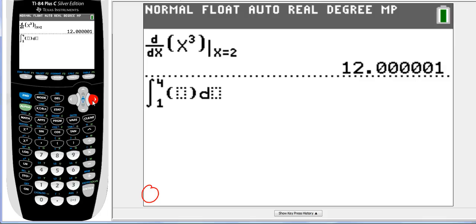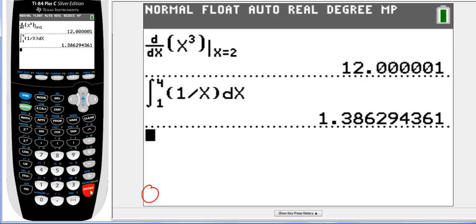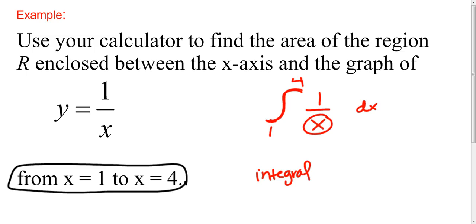If I was using t, I do dt or whatever, but 1 divided by x. And then this is going to be an x, since that's a variable I used in my function. Go ahead and hit enter, and I get 1.3863 about. Okay, so that is my area under the curve, which also tells me the distance that an object moved, just so you know.